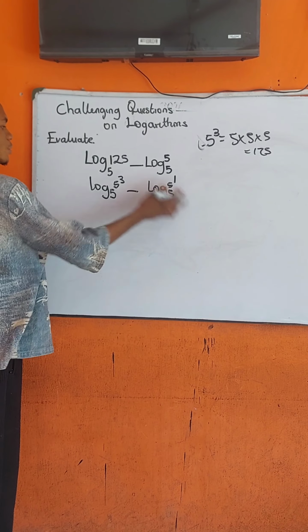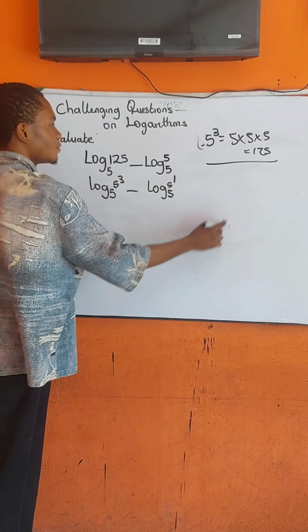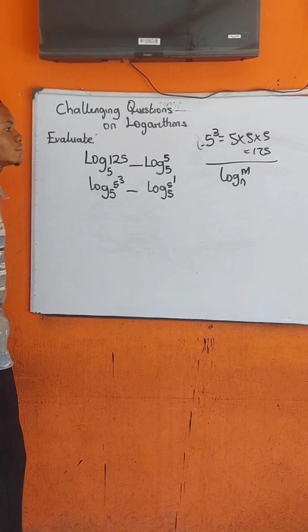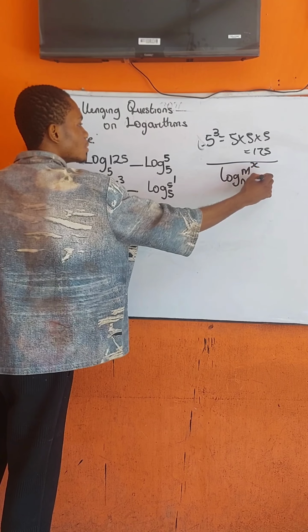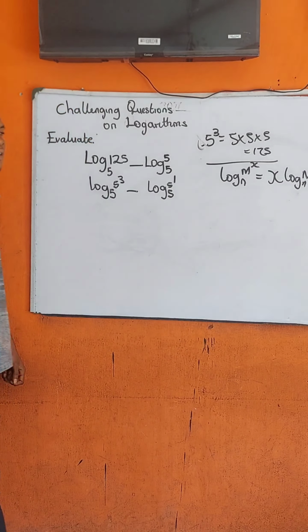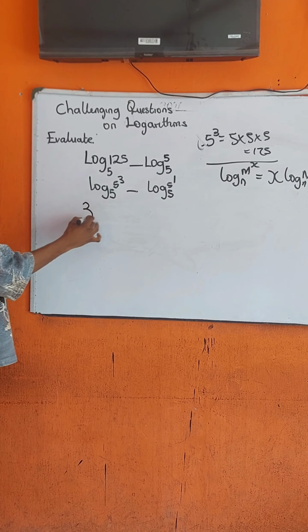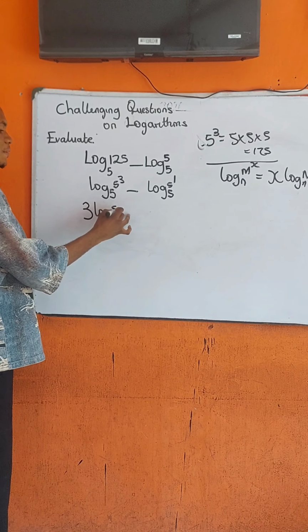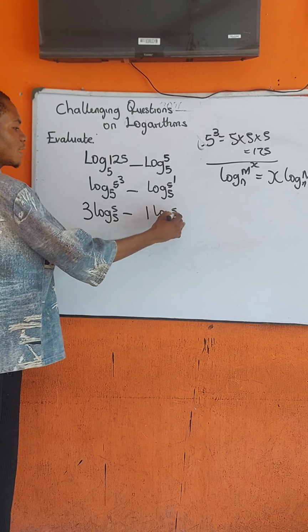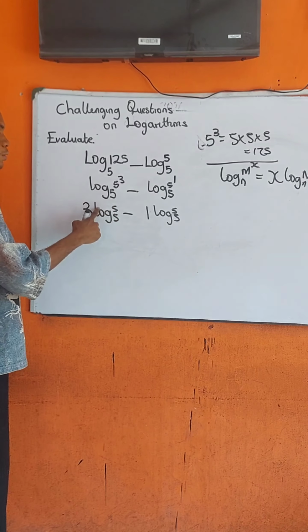According to our first rule, log m raised to the power x is equal to x log m. We are going to apply this rule here: 3 log 5 minus 1 log 5.